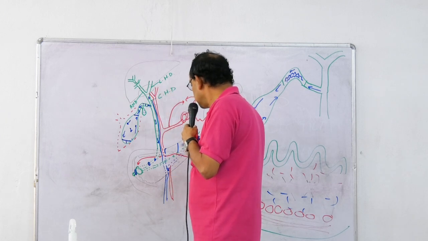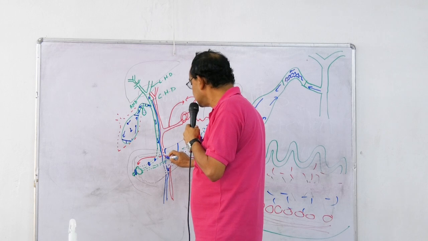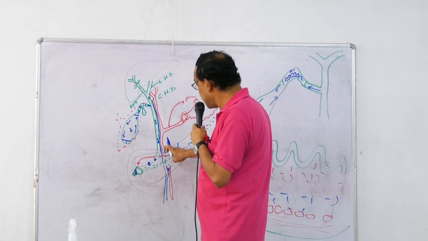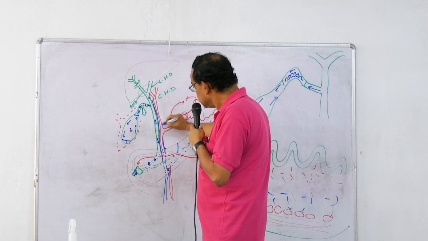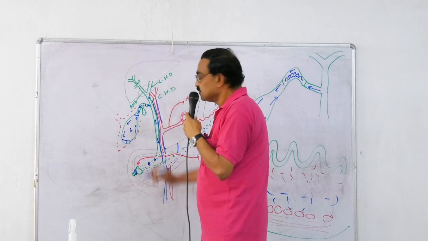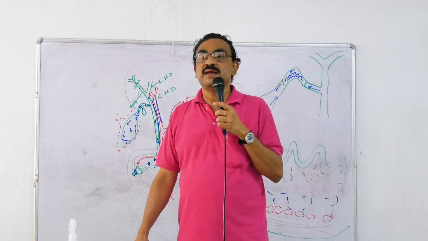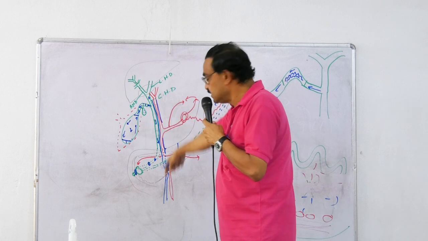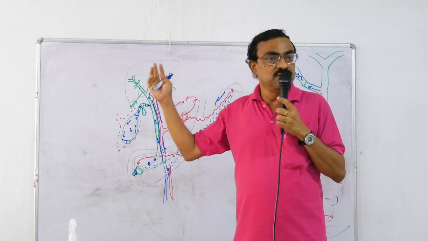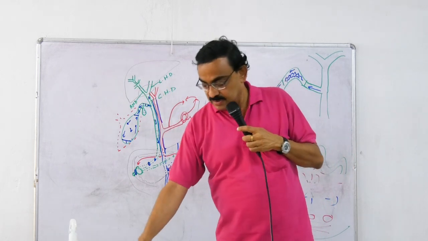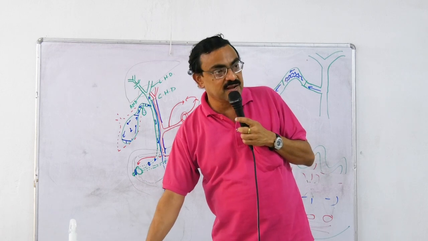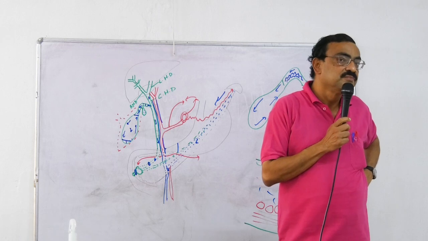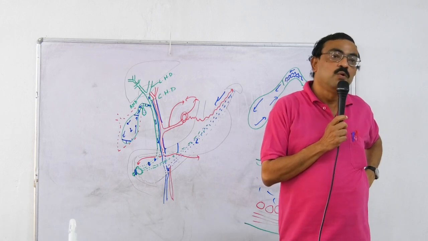So this vein is nothing but the portal vein. Superior mesenteric vein and the splenic vein join behind the neck of the pancreas to form the portal vein. So in between and behind this bile duct on the right side and the hepatic artery on the left side will be the portal vein.